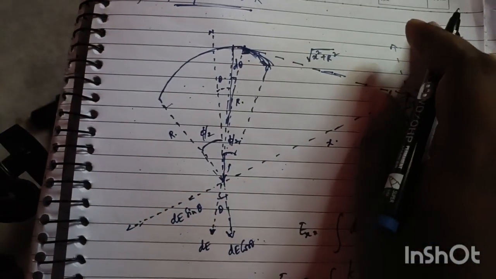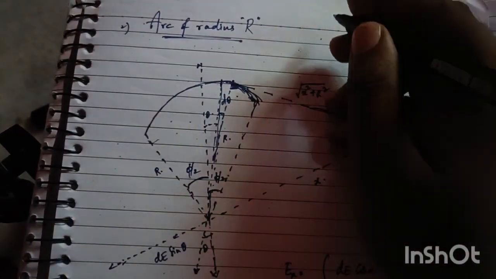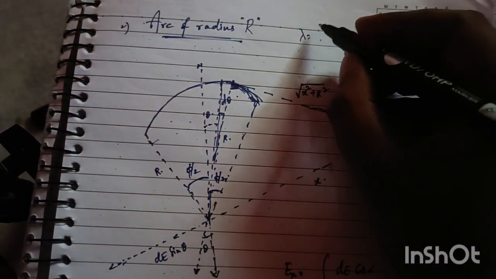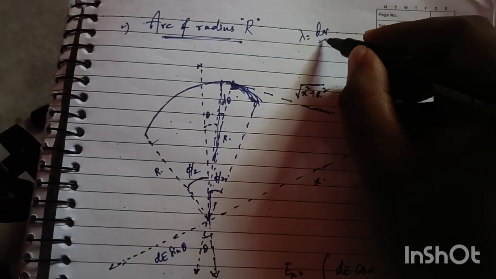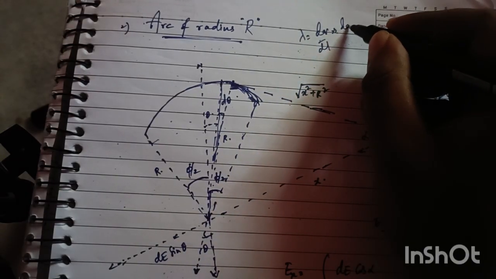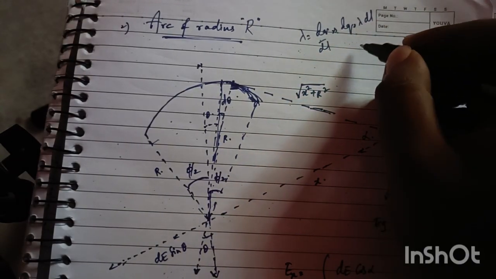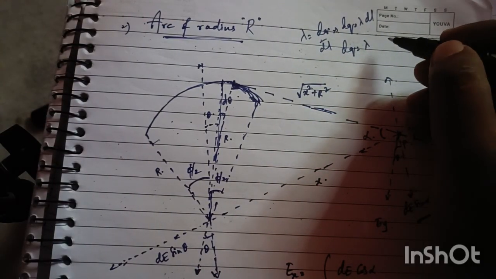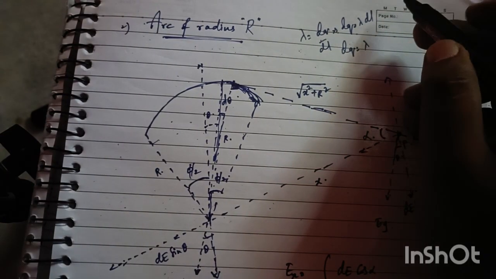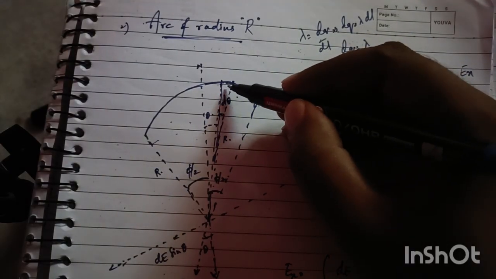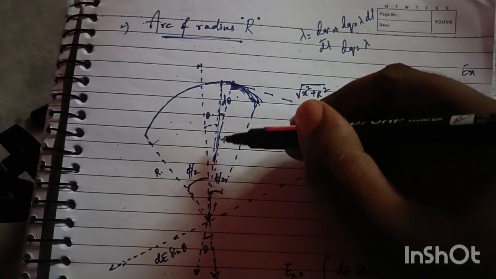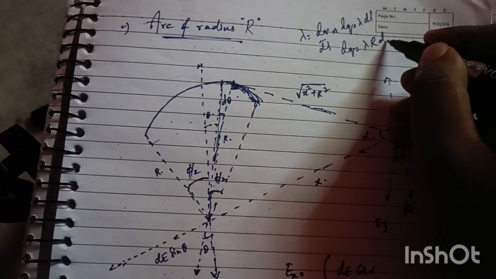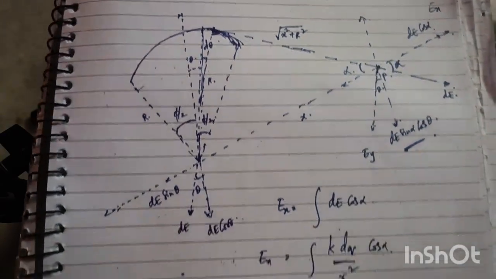Since it is one dimensional, I'm taking line charge density, lambda is equal to dq over dl, so dq is equal to lambda dl. So the small charge dq is equal to lambda into the length of the small element. The length of the small element is the length of the arc, r theta, so that is r d theta.